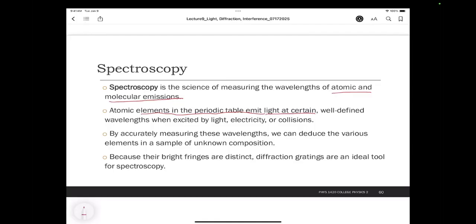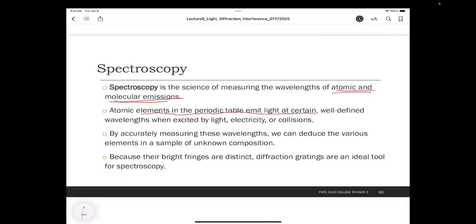We can use the diffraction equations to measure the wavelength of atomic and molecular emissions.